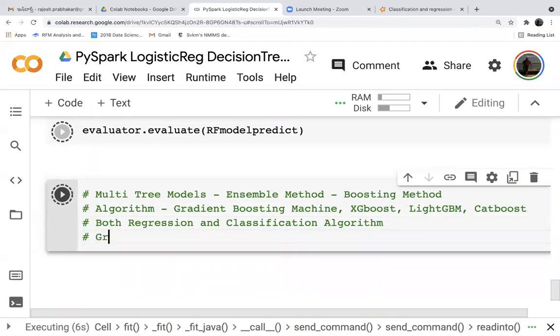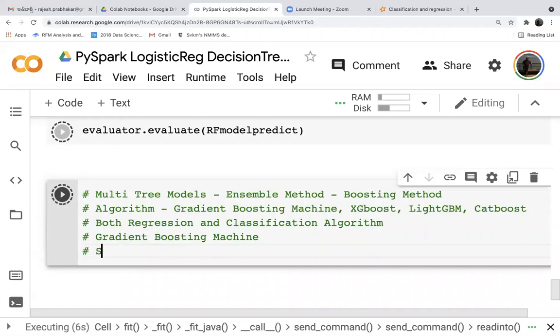So in gradient boosting, step 1: specify the number of trees to be built.